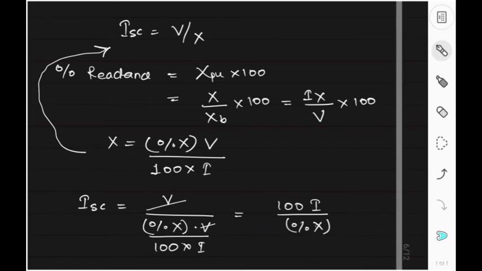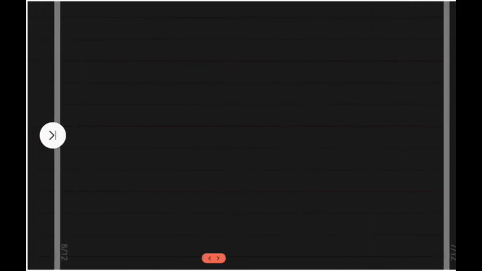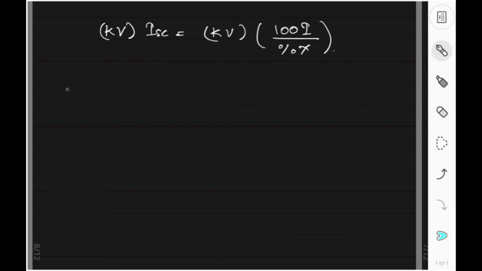Now if I multiply both sides with the kV value, what will we get? kV into short circuit current is equal to kV into 100 I divided by percent X. So what is kV into I? kV into I is nothing but kVA, power.